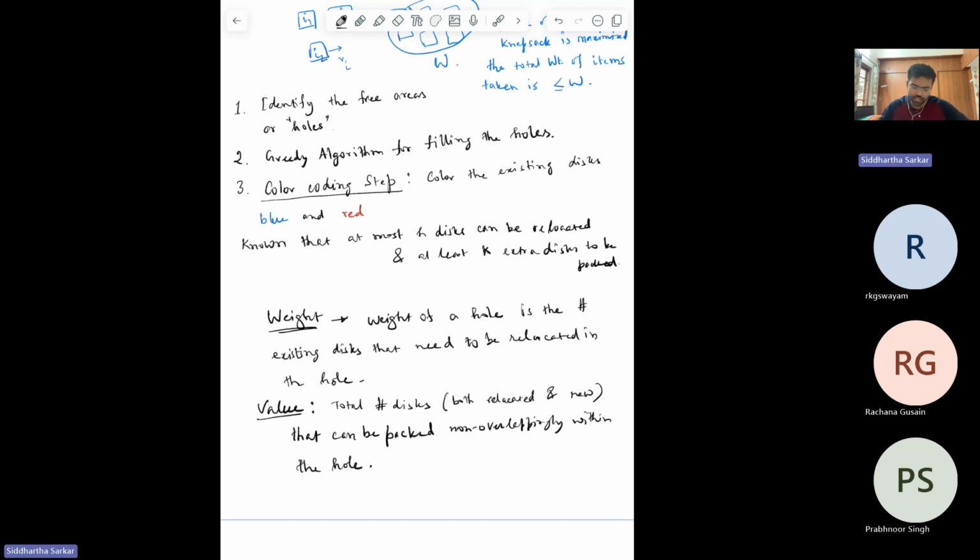When I say value here, I'm saying the final value of the knapsack. The value of each item is 1, you can think of that, and the value of the knapsack is the total number of disks within the hole. So we want to maximize this value.